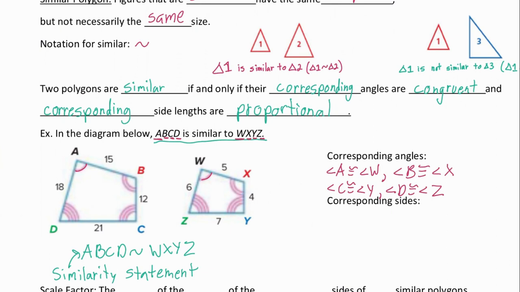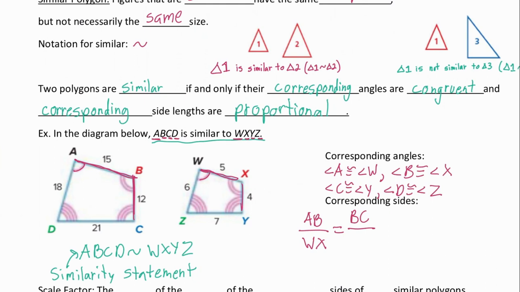So that's what it means when it says all the angles need to be congruent, but all the corresponding sides need to be what we call proportional. They don't need to be the same, but they need to be proportional, which means we need to be able to say, if we take the length of AB, that first side, this one right here, it should have the same ratio to WX as the length of BC proportional to XY.